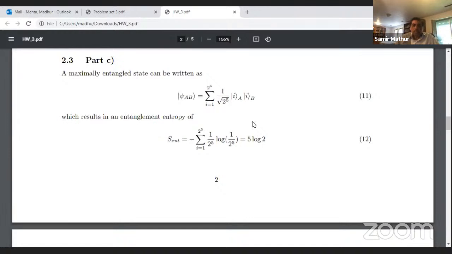So what people are calling these days the island formula for the entropy is actually just a circular argument using this. Many papers will have a system A and a system B, and they will say that you should take the minimum of the size of system A and system B for the entanglement.